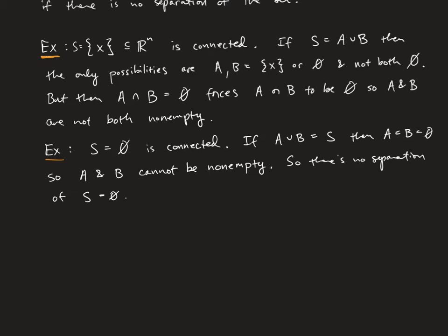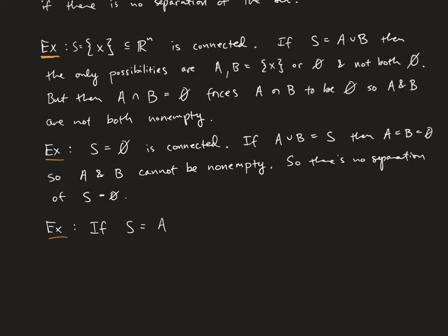So let's give some examples of disconnected sets. If S equals U union V, or actually, let me say A and B to not be confusing.